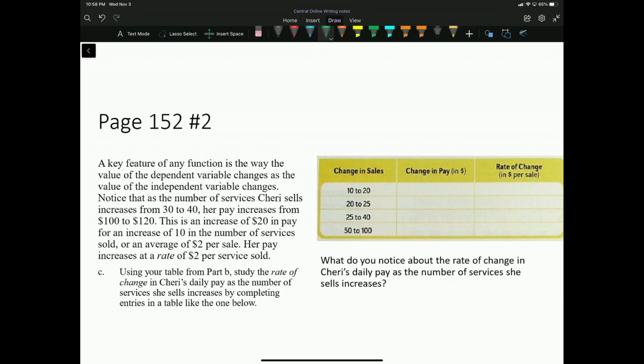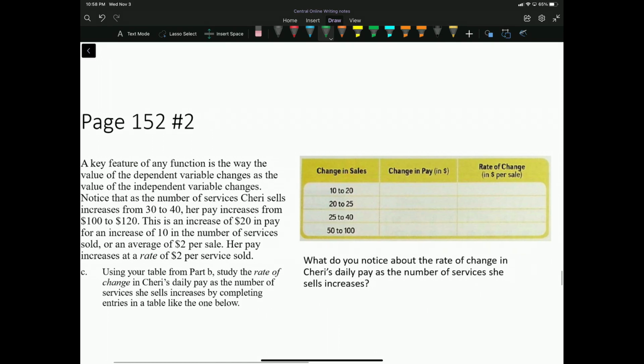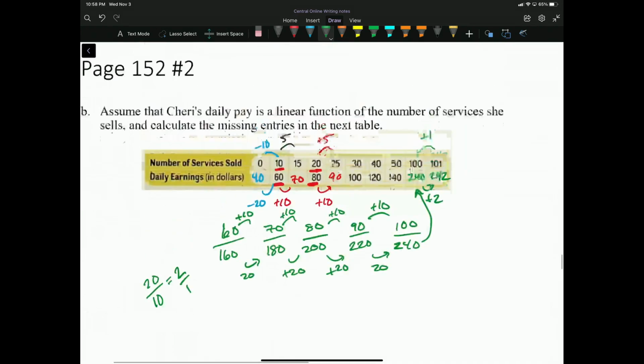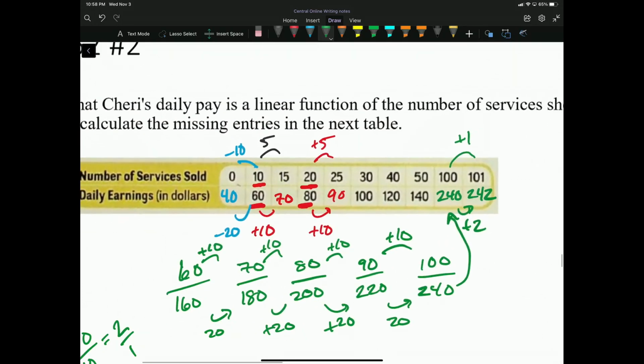Using your table from Part B, study the rate of change in Sherry's daily pay as the number of services she sells increases by completing the entries in the table, like the one below, right? So I want you to make sure you write this table in your notes. So if our change in sales is from 10 to 20, where our change in pay, right? So if we're going from, let's flip back over here, from 10 to 20, we went from 60 to 80.